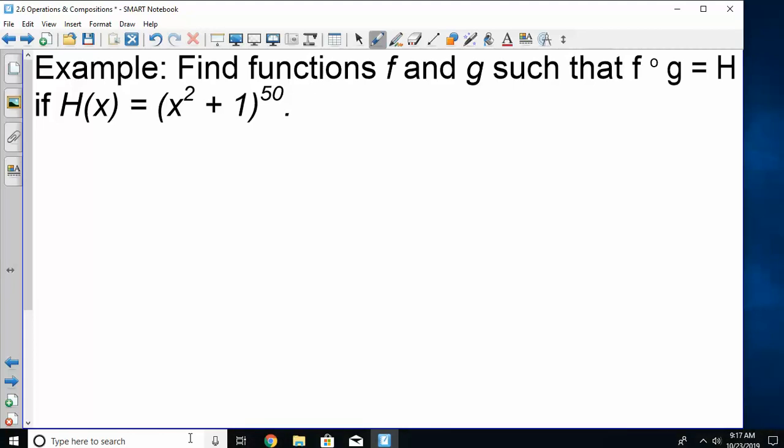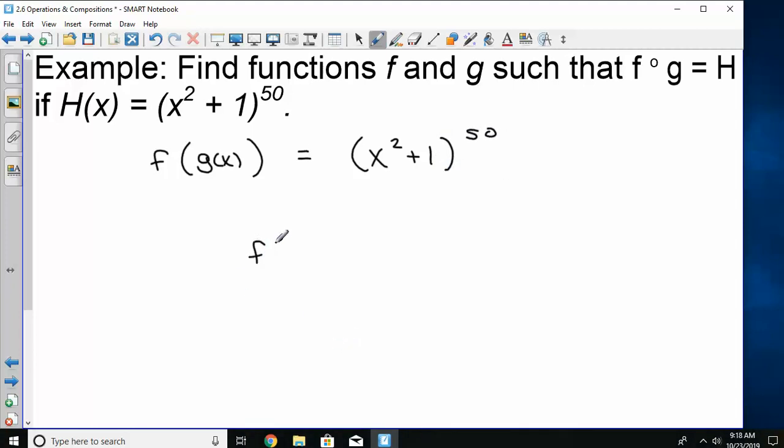I want to find functions f and g such that f composed with g equals h. All right, so what this means is f composed with g, so f of g of x has to equal h, which is x squared plus 1 to the 50.